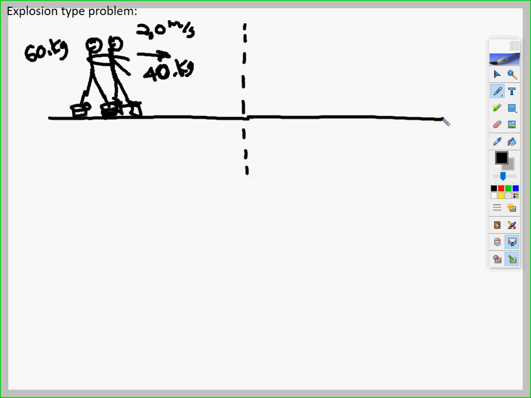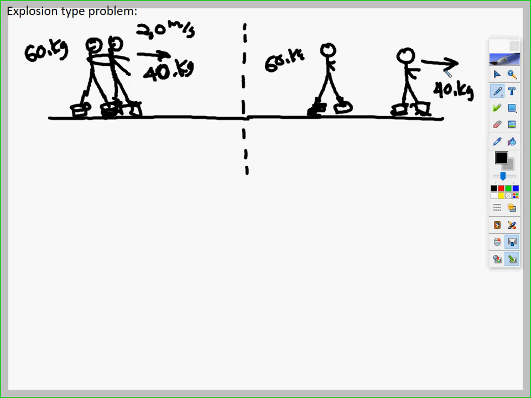And then they push apart. And this person here has a mass of 60 kilograms, pushes the second person off, and the person with 40 kilograms goes flying forward, let's say 6 meters per second.